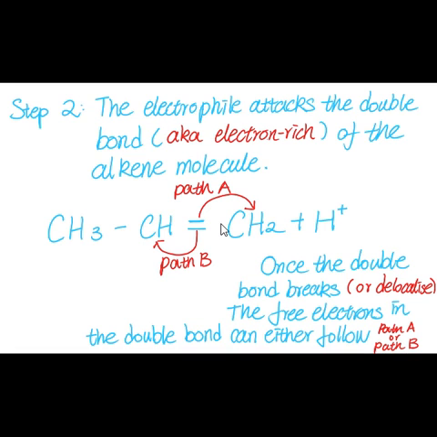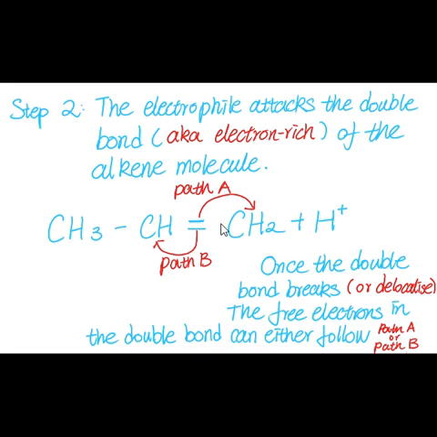Once the electrophile has successfully broken down the double bond, or once the electrons, the fancy word, delocalized in the double bond, they are free to go anywhere, right? It is free-flowing electrons.